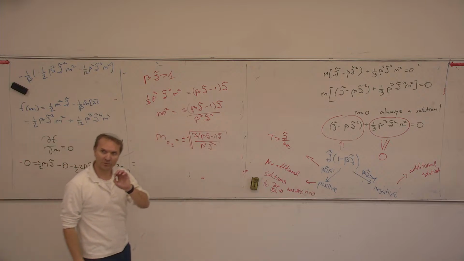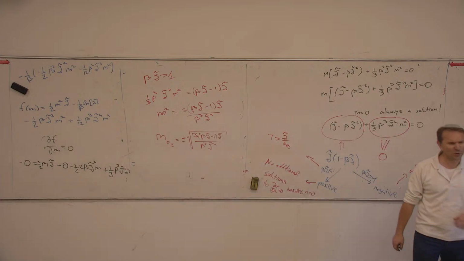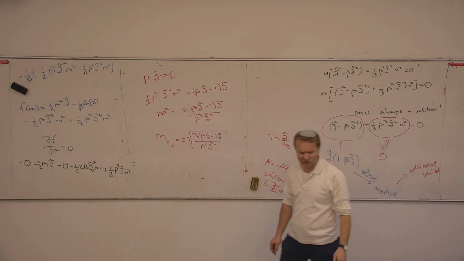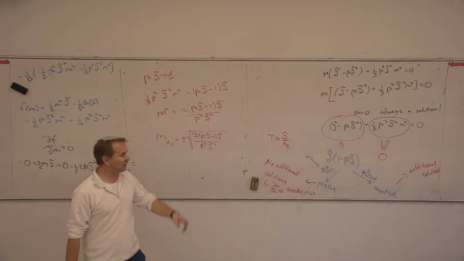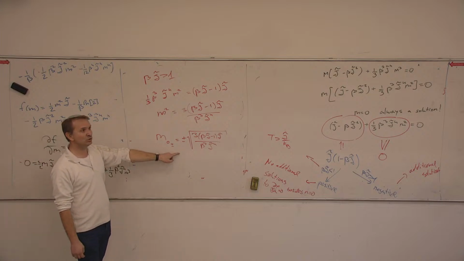So at least in the vicinity of m equals 0, we don't need to solve this hyperbolic tangent graphically. We can expand in the Taylor series and obtain the two solutions.